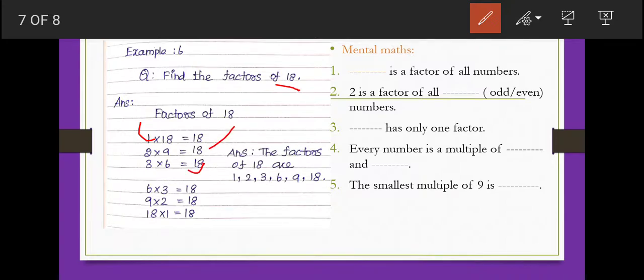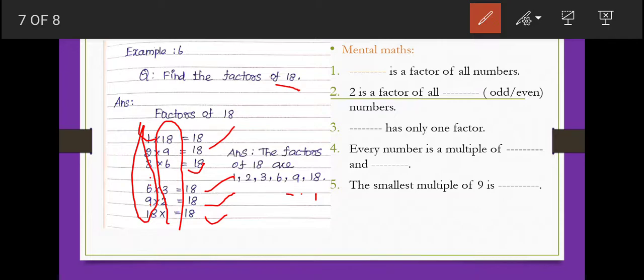Then again it will repeat. 6 threes are 18, 9 twos are 18, 18 ones are 18. So the factors of 18, you have to write one time: 1, 2, 3, 6, 9, 18. This place is repeated. Understood? When you write, this place will repeat again. So the factors of 18 are 1, 2, 3, 6, 9, 18.